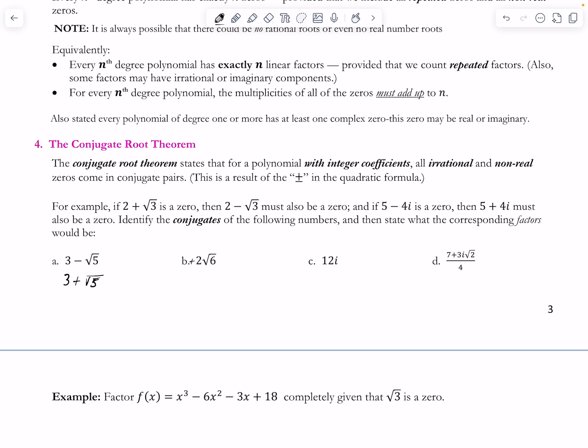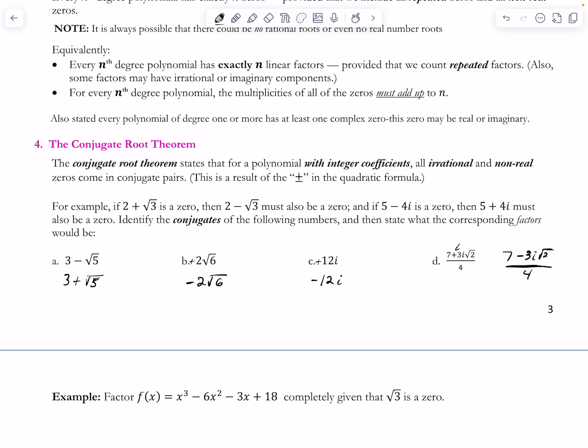If this one is positive 2 root 6, you have negative 2 root 6. If this one is positive 12i, then another root is negative 12i. And if this is 7 plus 3i root 2 over 4, you have 7 minus 3i root 2 over 4.